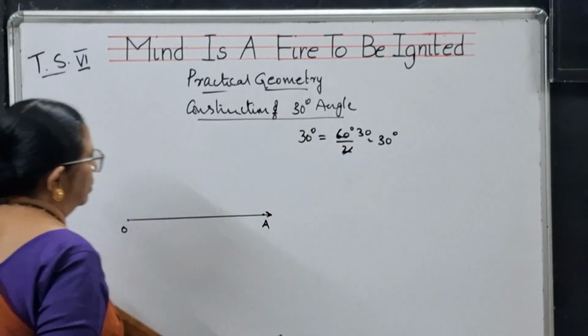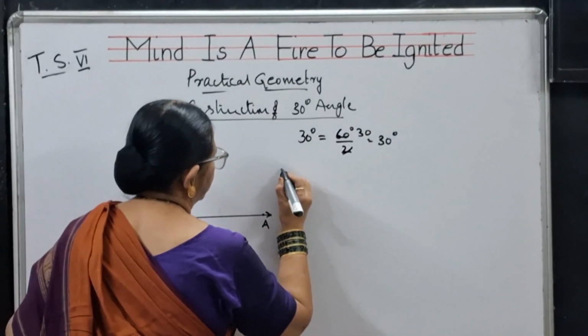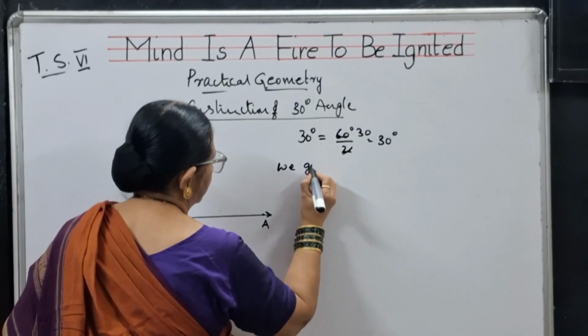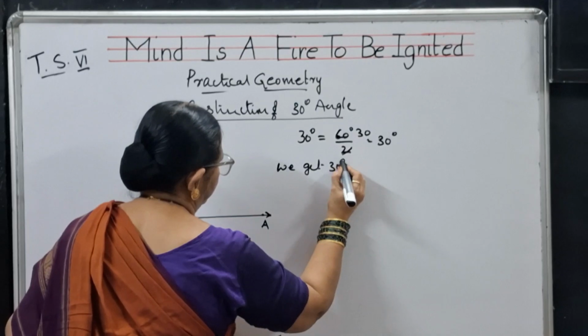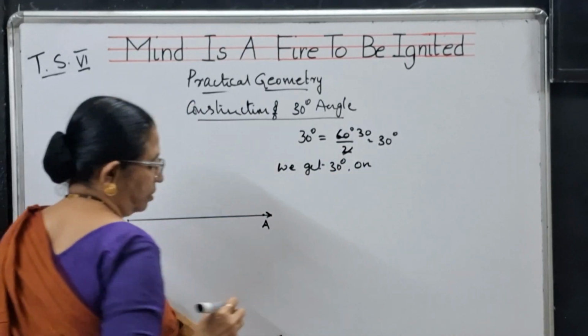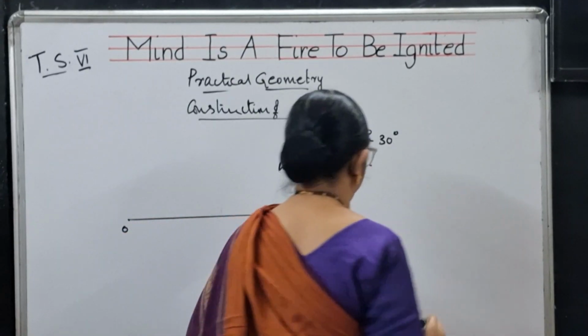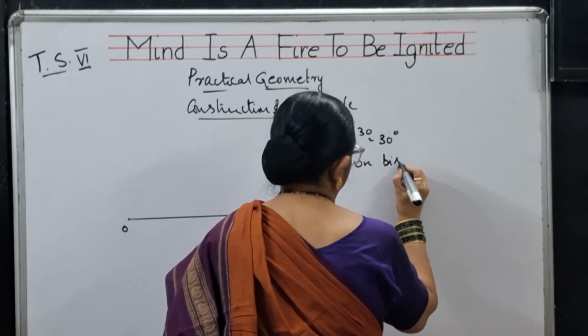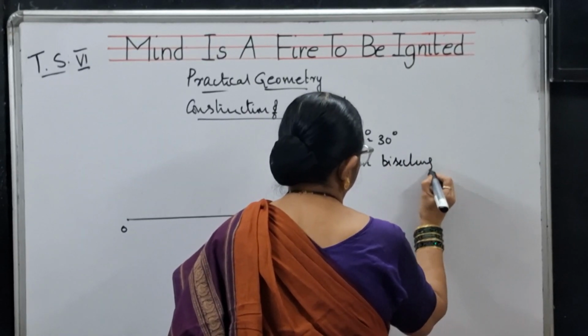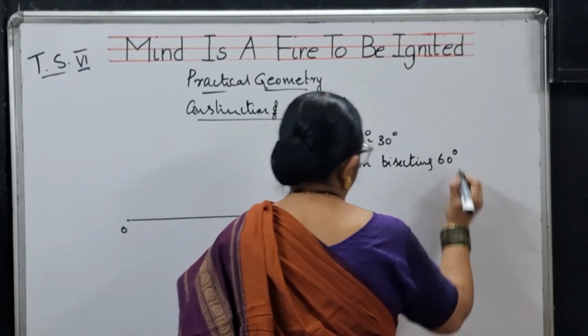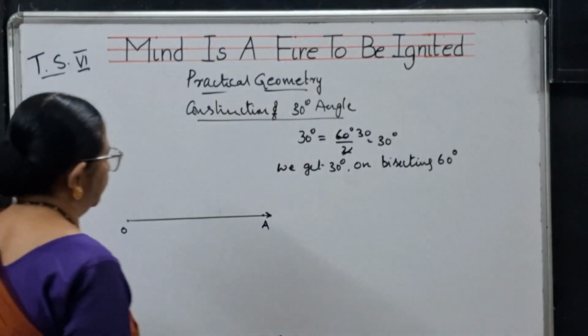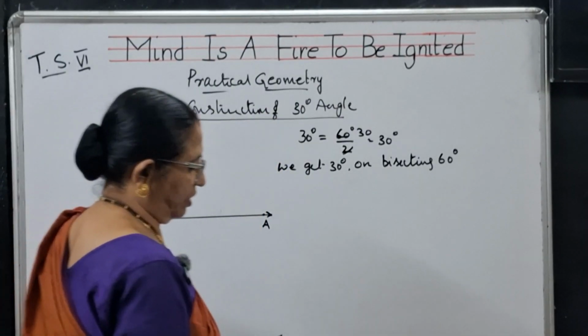So that means if you bisect, we get 30 degrees on bisecting 60 degrees. So first we need to draw 60 degrees.